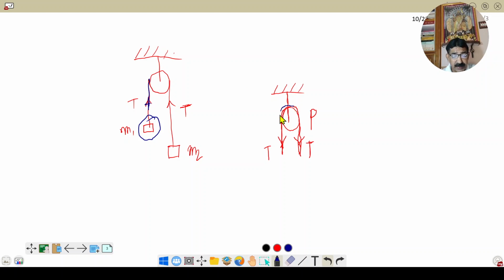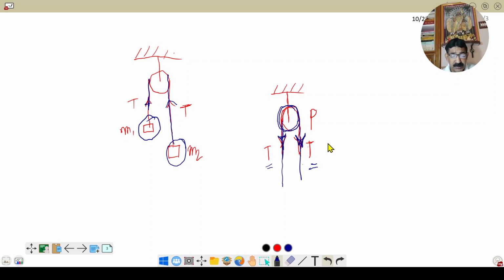When we consider this pulley, the same tension acts along the downward direction, because tension is away from the body along the rope. So there are two tensions, one is T, another also T, and these two tensions are acting along the same direction.